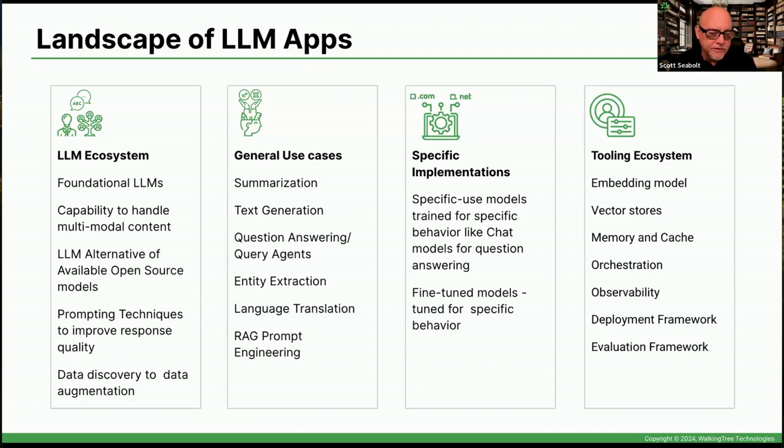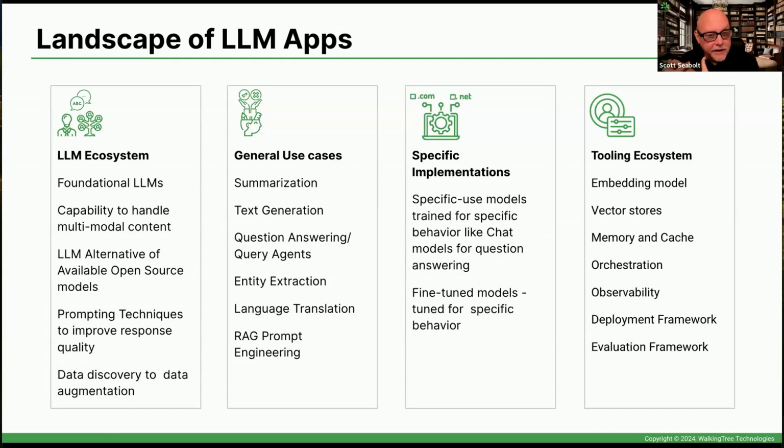And then there's the actual fine-tuned models, tuned really for specific behavior. These models start as foundational LLMs, but they're further trained on a specific data set for a particular task to improve the performance in that particular domain.